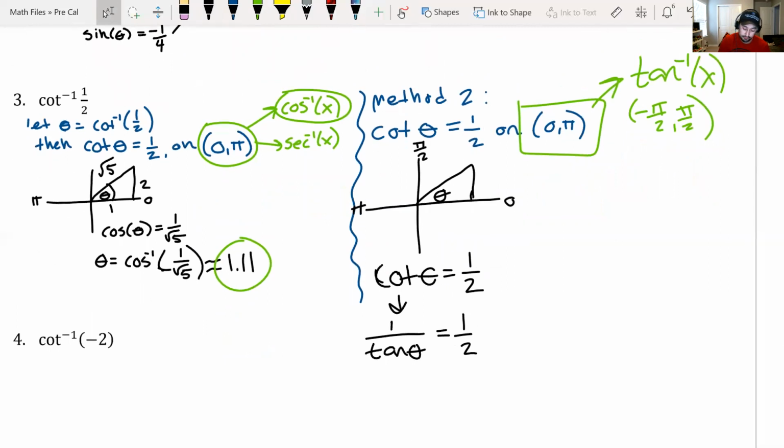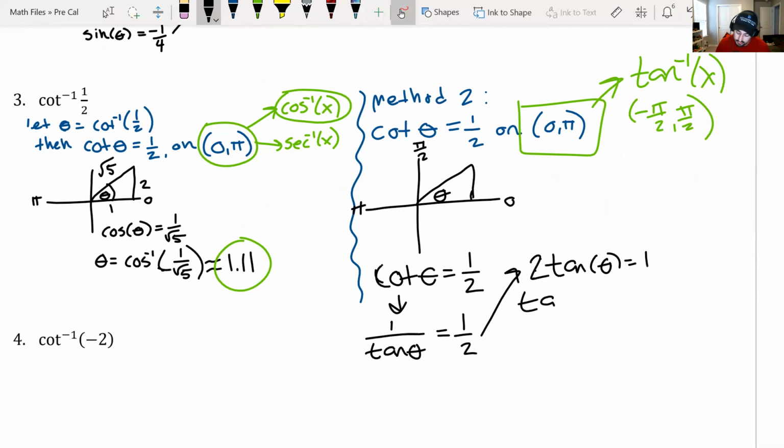Cross multiply, and you get 2 tangent theta equals 1.